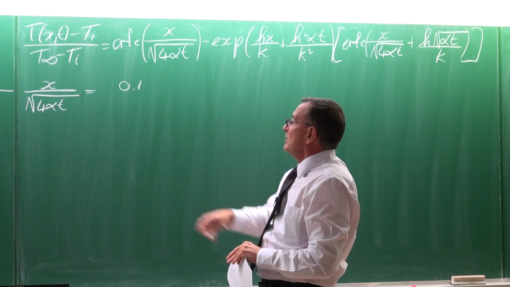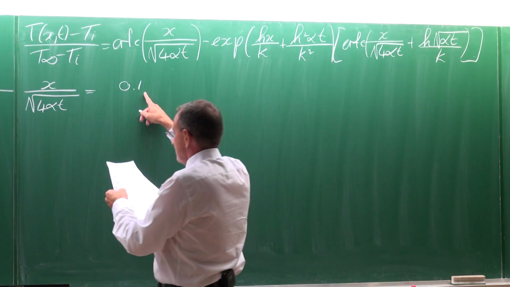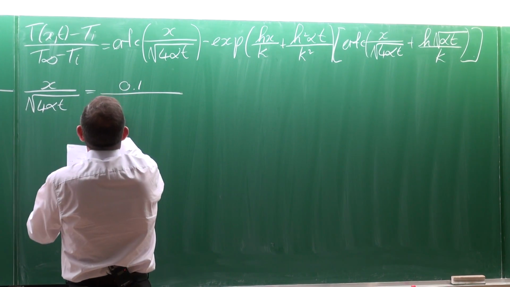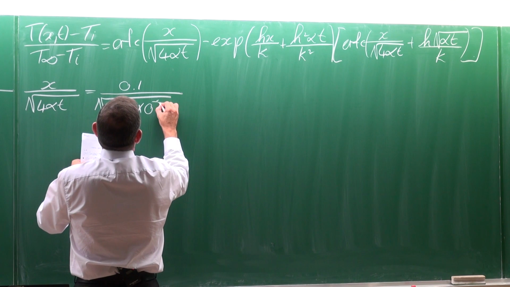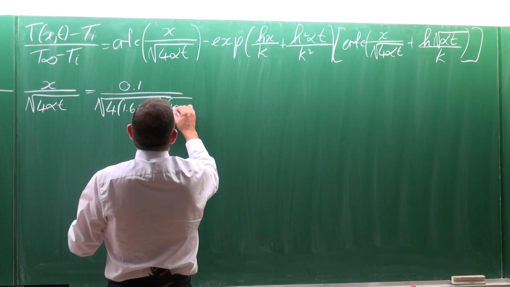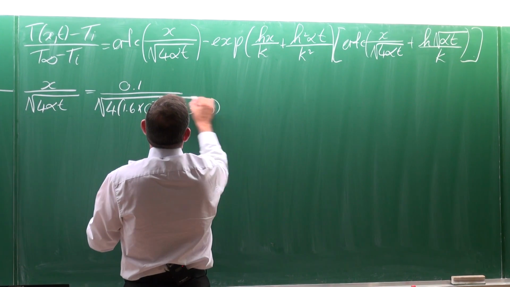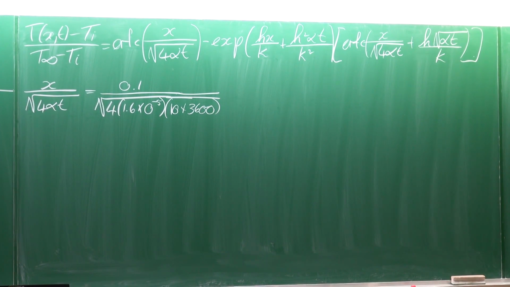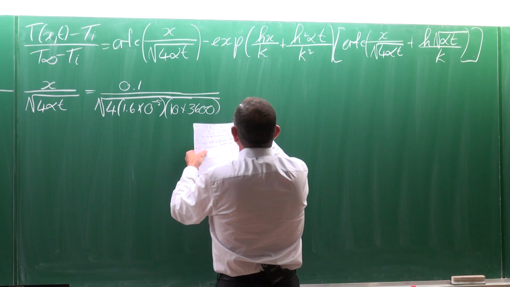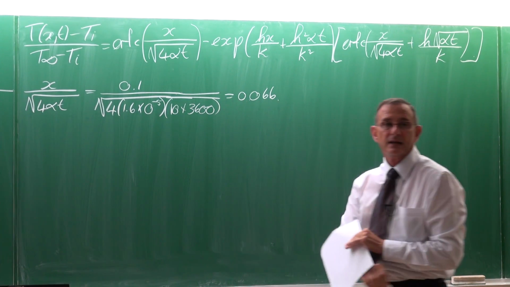We are first going to look at a depth of 100 millimeters from the surface, 0.1, divided by the square root of 4 times 1.6 multiplied by 10 to the minus 5, and the time is 10 hours multiplied by 3,600 seconds. That is 36,000 seconds, 10 hours, and this term would be equal to 0.066, something like that.